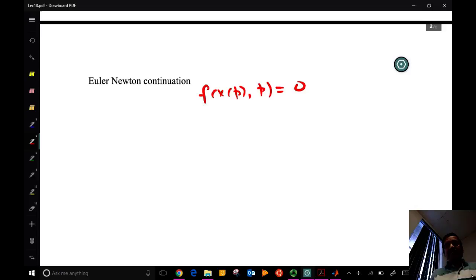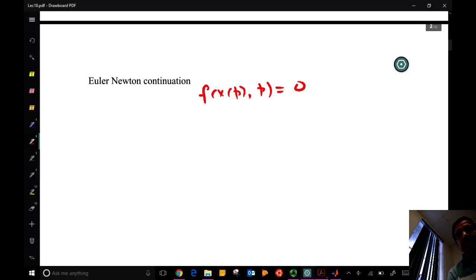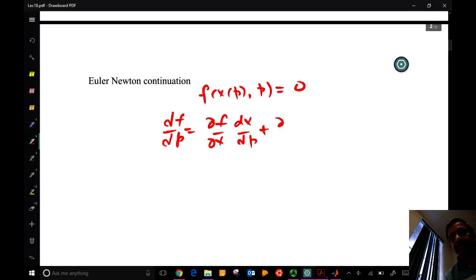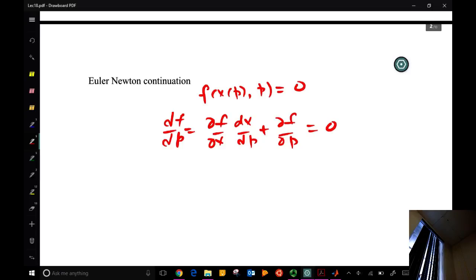So if that is the case, I can take the derivative of this function with respect to p. So what is df dp? It is going to be df dx dx dp plus df dp equal to 0. Chain rule. So that is the essence of the Euler-Newton continuation mathematically.